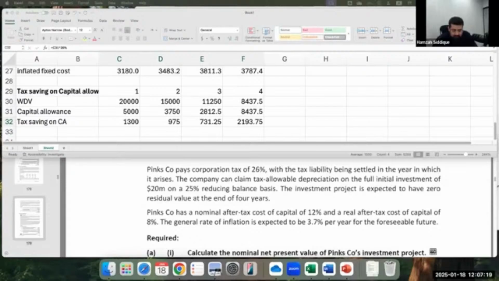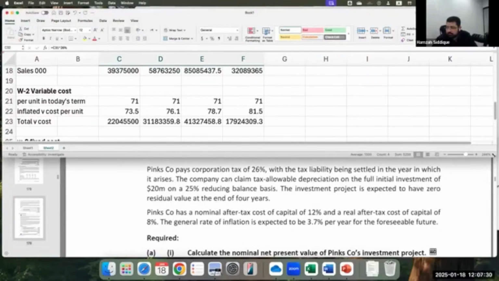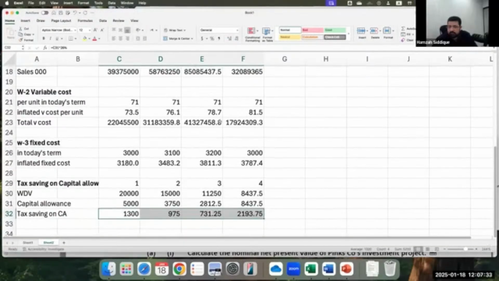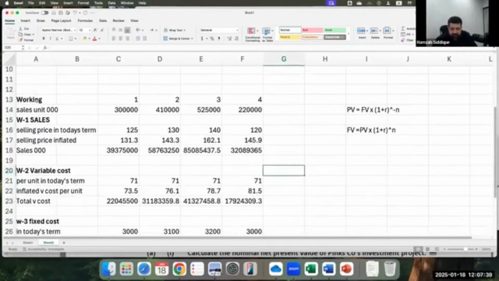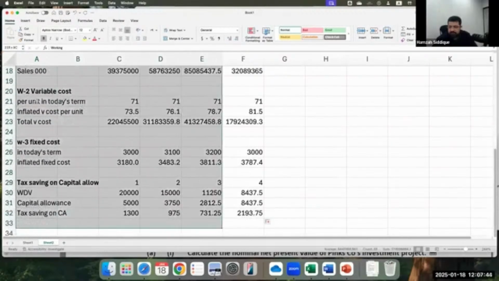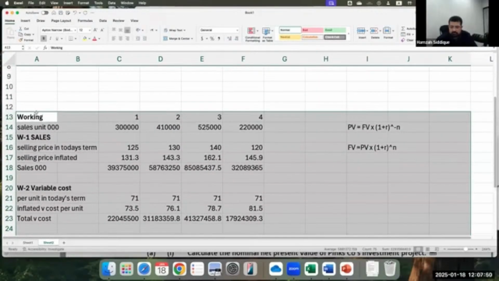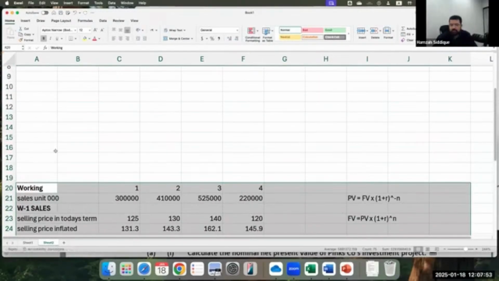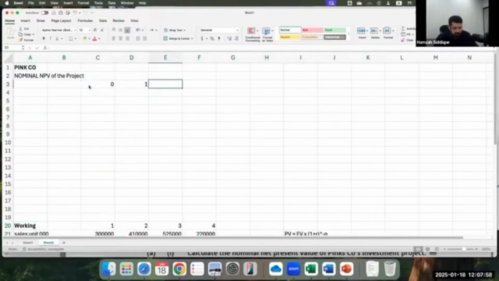So, what will we be doing? I need to shift these a bit below. Now, year 0, 1, 2, 3, and 4.